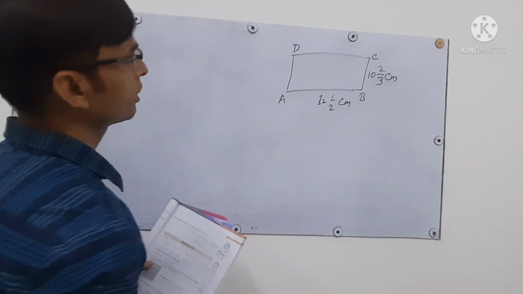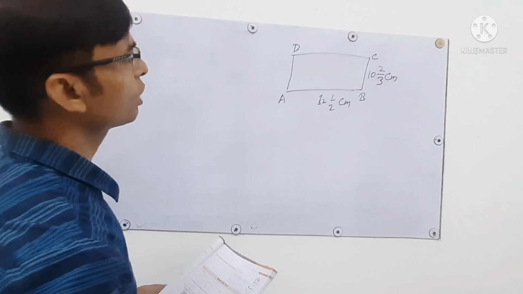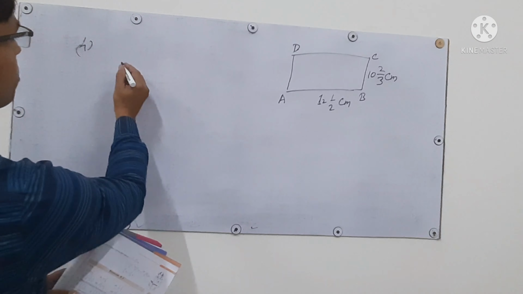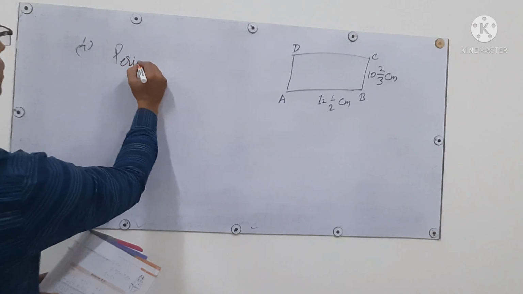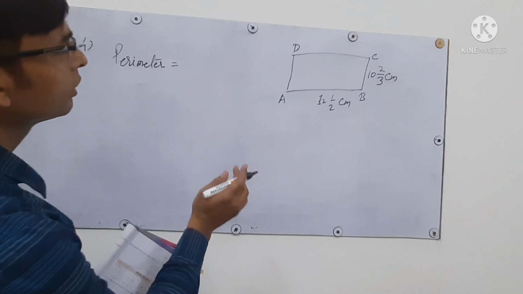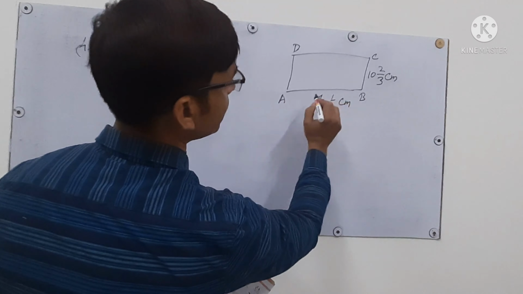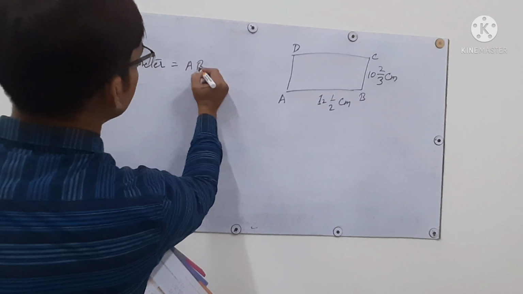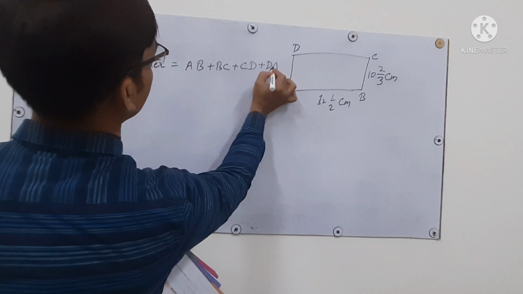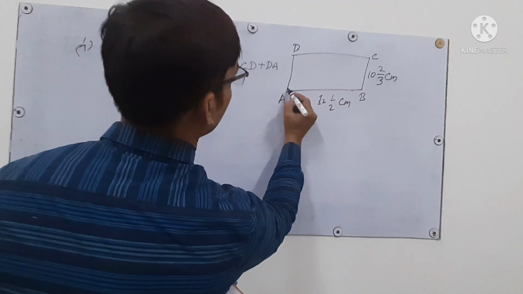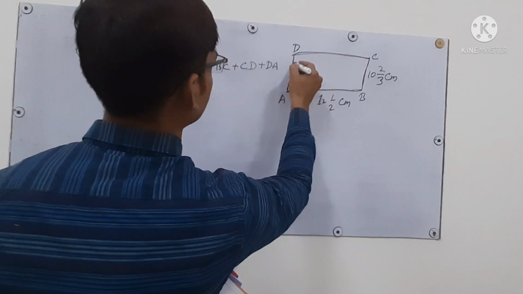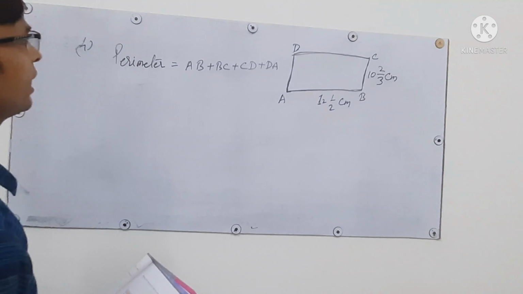ABCD is a rectangular sheet, and we have to find its perimeter. So what will be the perimeter of the rectangular sheet? Tell me. Perimeter will be the total of all its sides, that is AB plus BC plus CD plus DA, all the outer boundary of it.